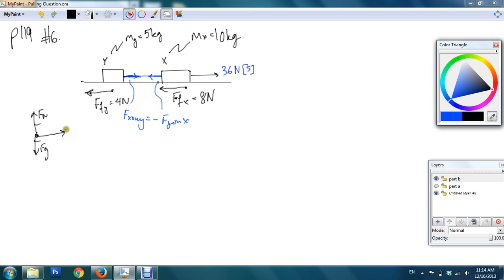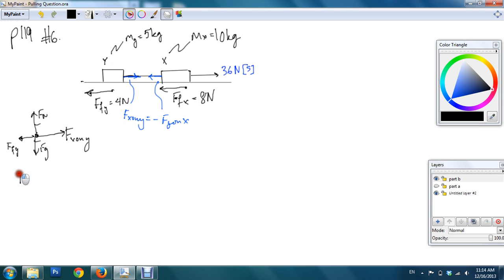The free body diagram says that the force pulling the box forward is Fx on Y, and there's friction fighting back, and this force of friction on Y is 4 newtons.